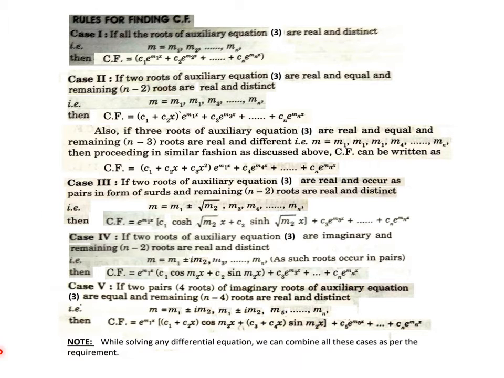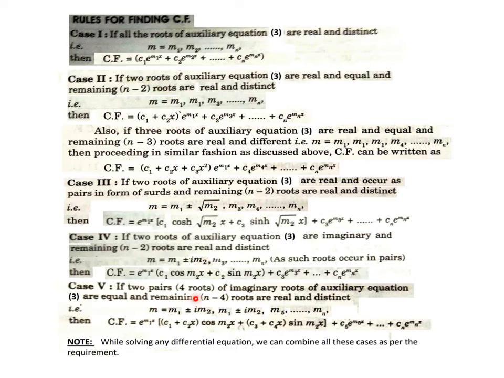But for these two equal pairs, CF is to be written as C e power m1x, that is the real part of the complex root, into, inside the bracket, two concepts are mixed together. What about those two concepts? First, when roots are real and equal, c1 plus c2x, that kind of series.